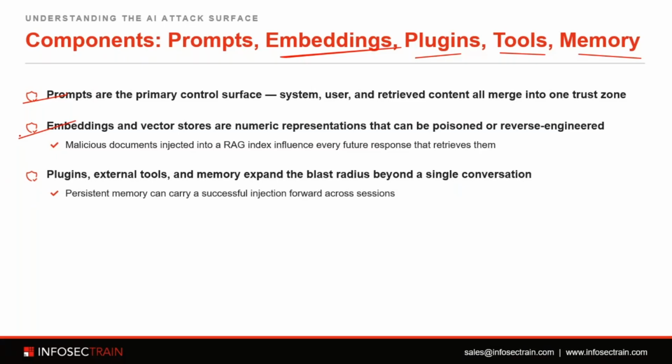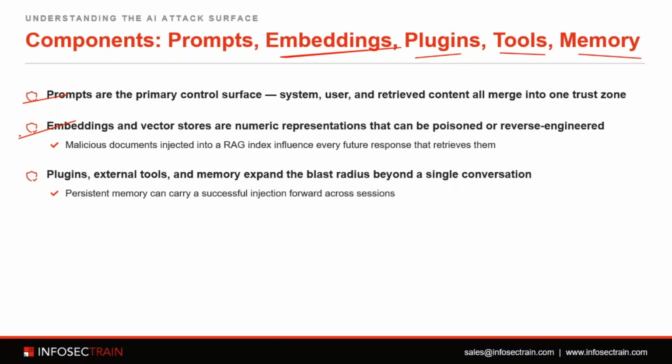So if it can understand only numbers, then it will store the data in numbers only, right? When it stores the data in numbers only, those are called embeddings.